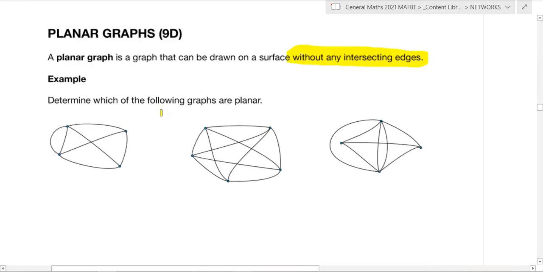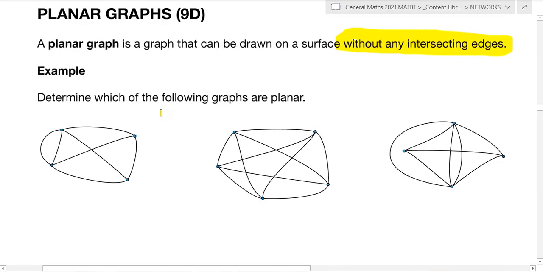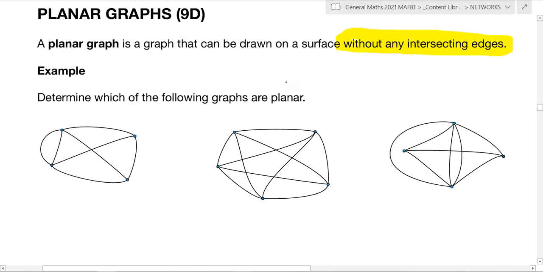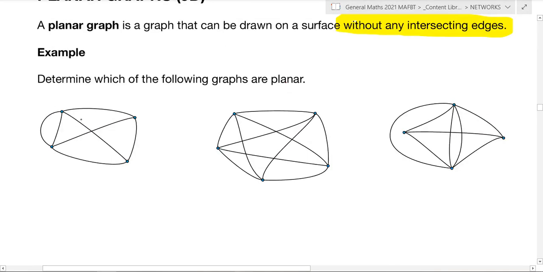So determine which of these graphs are planar. Sometimes it can be easy to figure out whether a graph is planar. If you look at this graph here, this is planar, straight up, because you can see that none of the edges intersect at all.